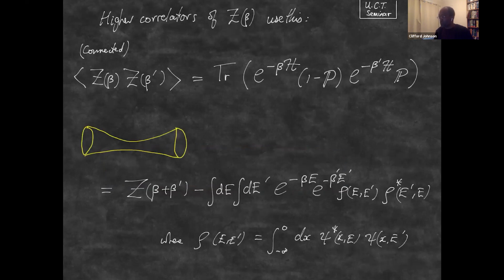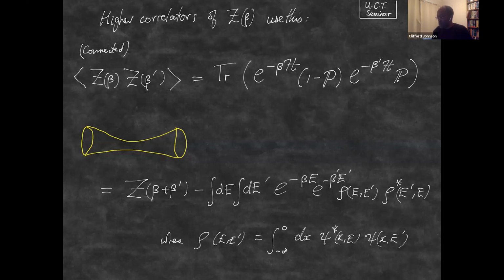More generally, because I'll need this later on, this is an extremely efficient way of organizing how to make higher correlators of Z, which we'll need to make things like the cylinder diagram. Essentially, you insert several of these exponentiated Hamiltonians into the trace, separated by that same projector, in the way I've just shown.